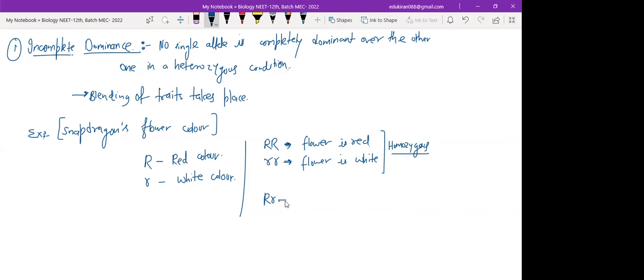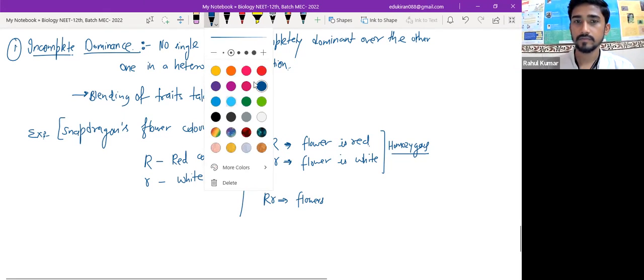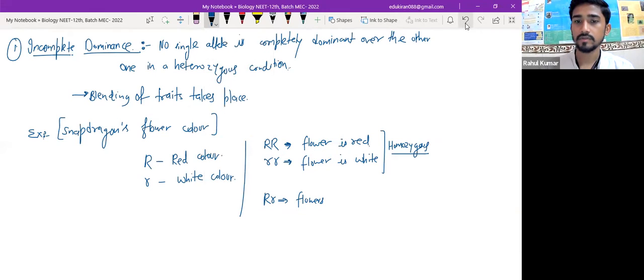Instead, in this case, the flower is pink. Now, what does this tell you?